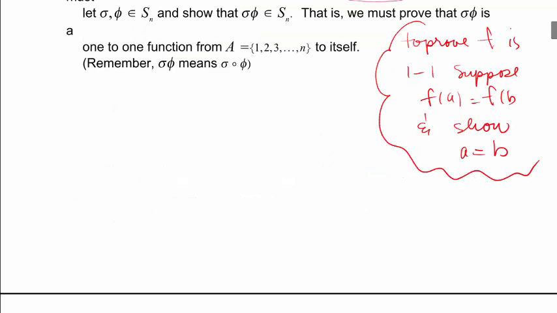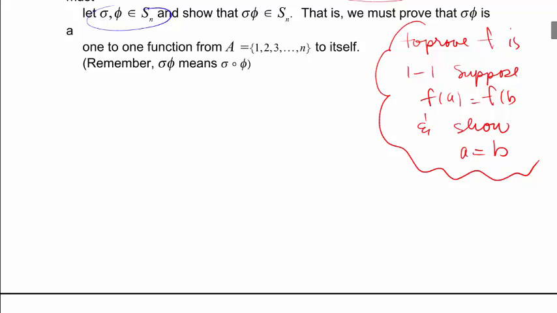In red you see the proof tip that I've written before. To show a function is one-to-one, we assume that f of a equals f of b and show that in that case a must be b. So we proceed that way now. Let sigma and phi be two elements of Sn.